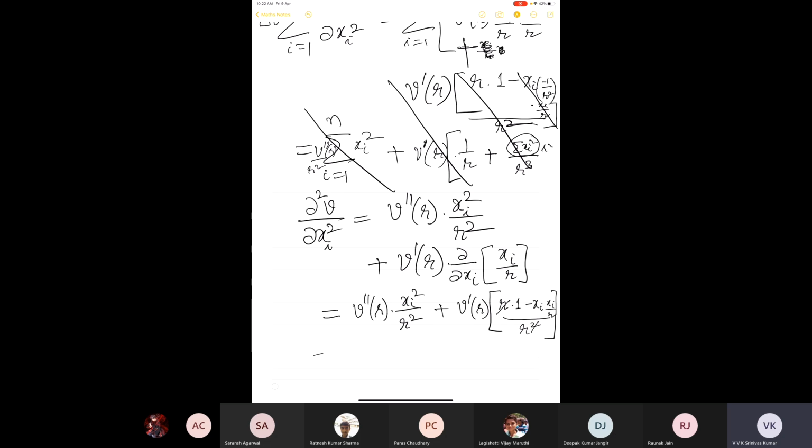Okay, let me write clearly: v double prime of r xi square upon r square plus v prime of r into 1 by r minus xi square upon r cubed. Okay.